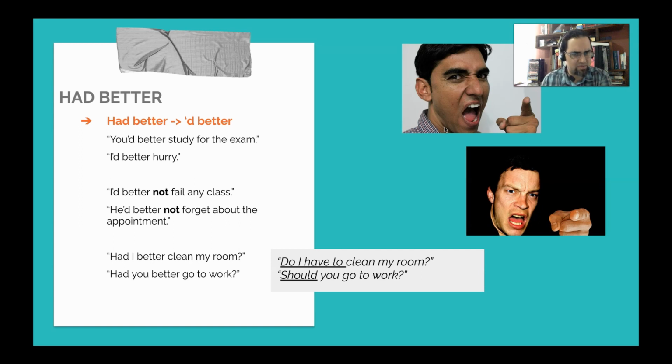Do I have to clean my room? Or should you go to work if it is not such a strong thing that you want to emphasize. You can use had better, of course, for affirmative and negative ideas because, as I said before, they express obligations much more strongly.